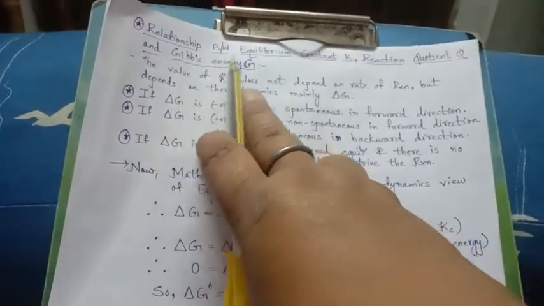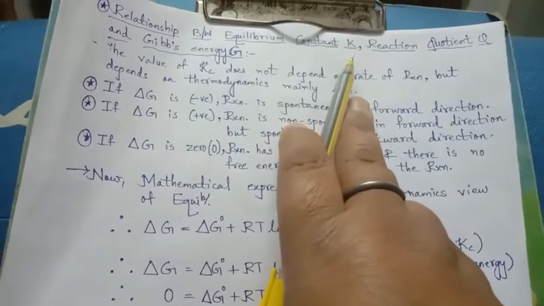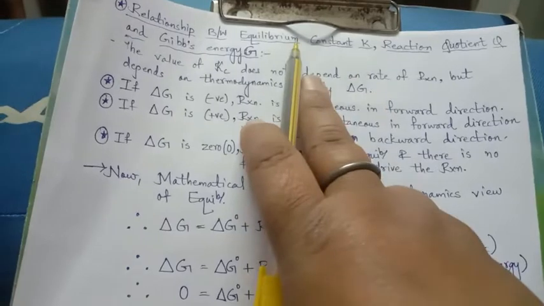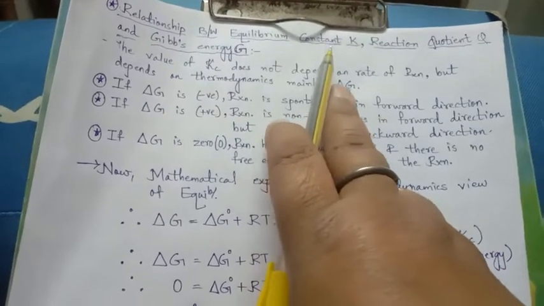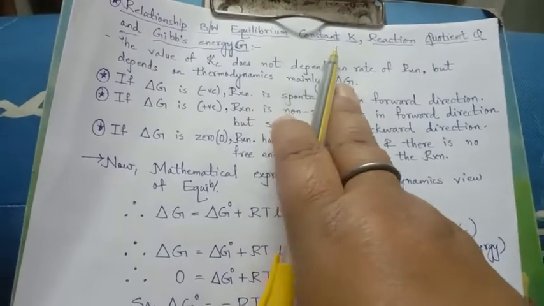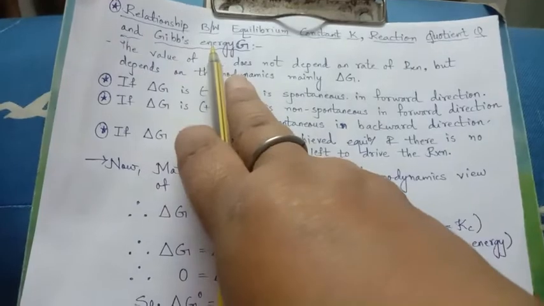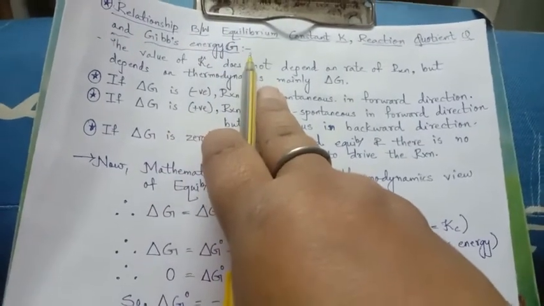That is the relation between equilibrium constant K, only K written because if the equilibrium constant is for concentration it will be Kc, and if it is for partial pressure then it will be Kp, then reaction quotient Q and Gibbs free energy G.